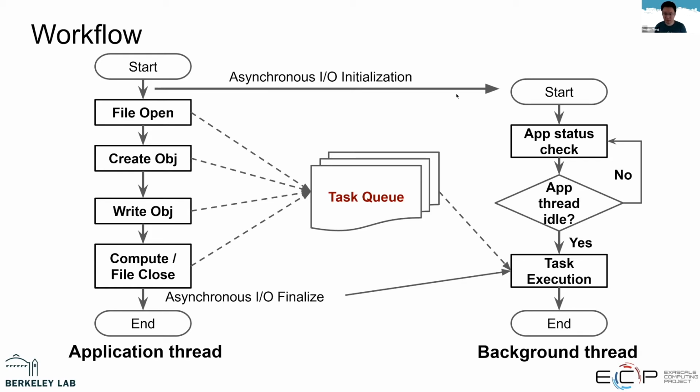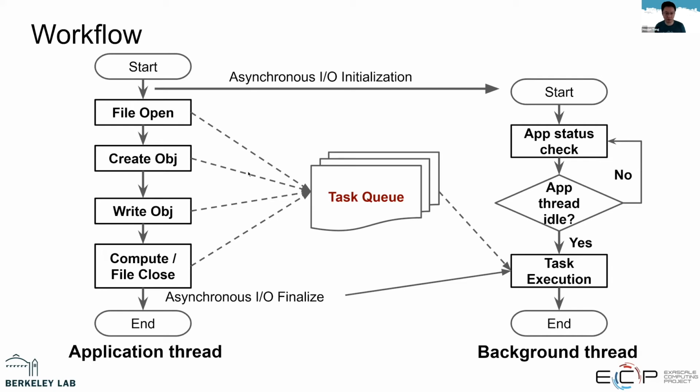Currently there is a limitation with the HDF5 library, where the library has a global lock, which is acquired any time the application or the background thread enters the library call. This limitation presents us some challenges because, without good management of the tasks, it prevents the asynchronous tasks from being executed truly asynchronously.